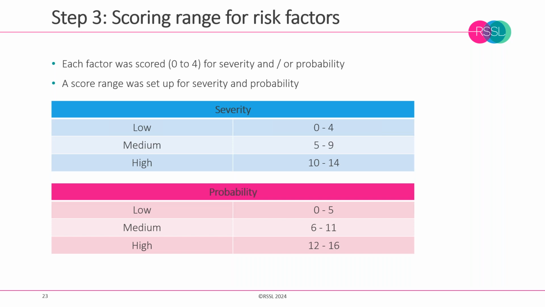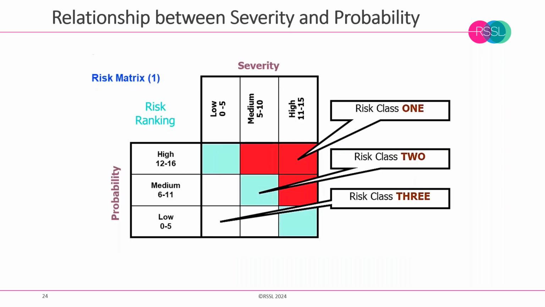So with that scoring, the next thing that was done was to establish a risk matrix. So here we're looking at how the concepts of severity and probability interact, and then to explain those relationships further, 3 risk classes we use.